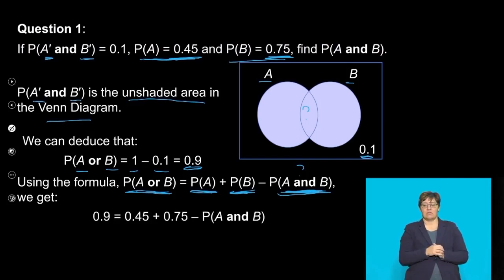So let's put everything together. So this is 0.9. Are we together? And we put our 0.45 there, 0.75, and what are we calculating, which is the intersection, and we just solve this equation, okay? So what do I mean?